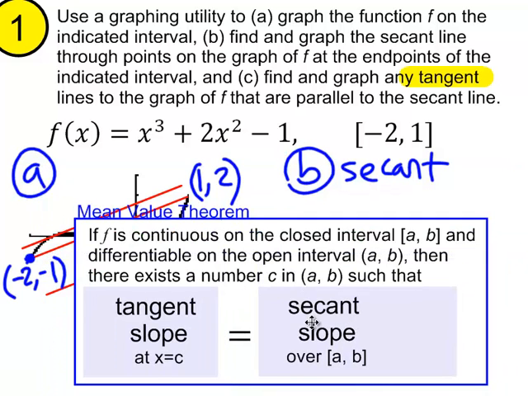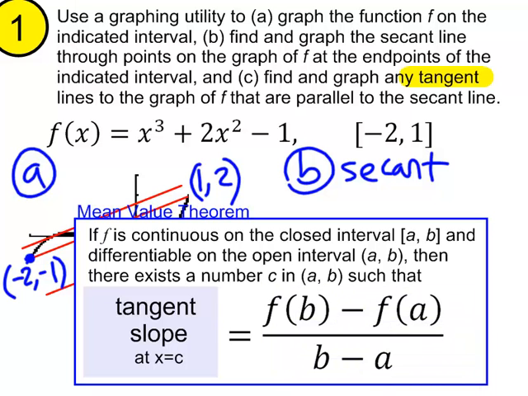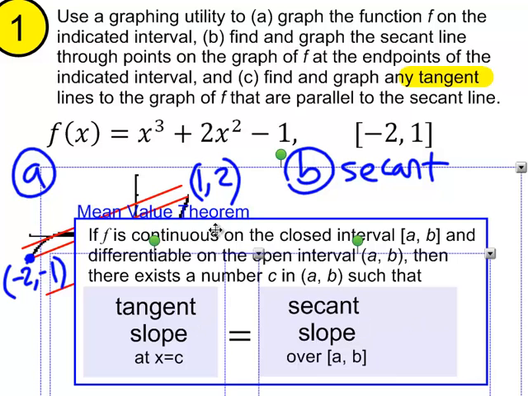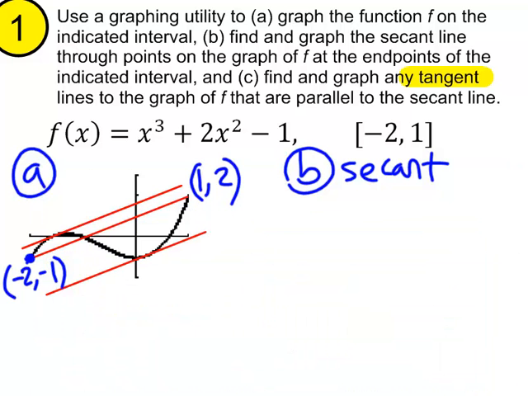So remember that that's the right-hand side of this formula. The f of b minus f of a over b minus a, that was the slope of the secant line. y2 minus y1 over x2 minus x1. So let's go ahead and do that. The secant slope is going to equal f of b minus f of a.